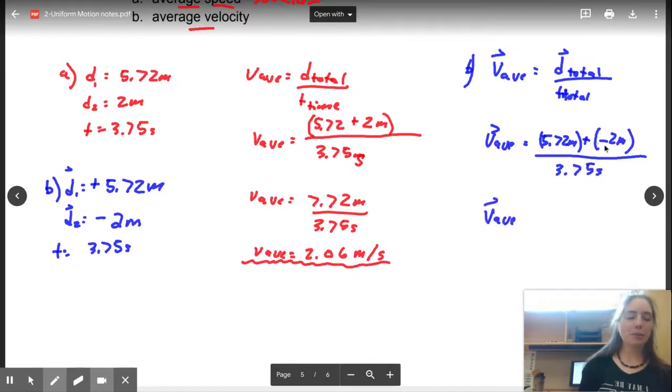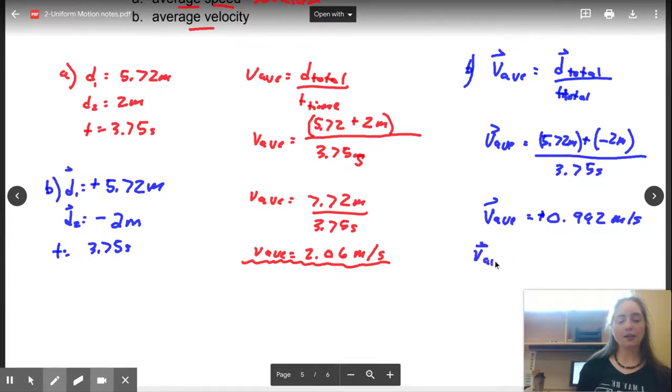So remember, you have to do the top first. Okay? When you put this value into your calculator, you're going to wind up with a positive number, so 0.992 meters per second. Okay, well, we need to rewrite this with our appropriate direction.